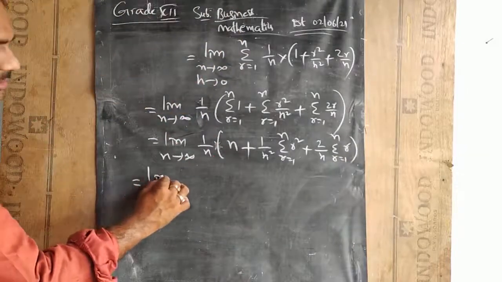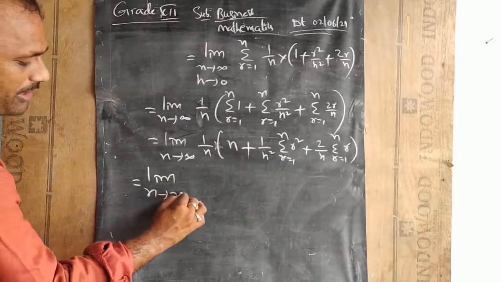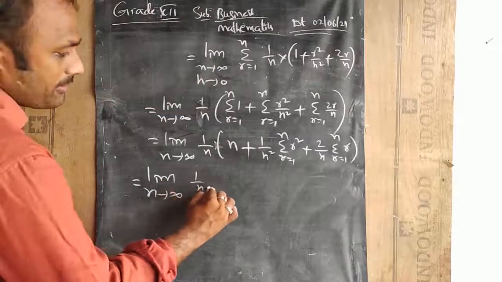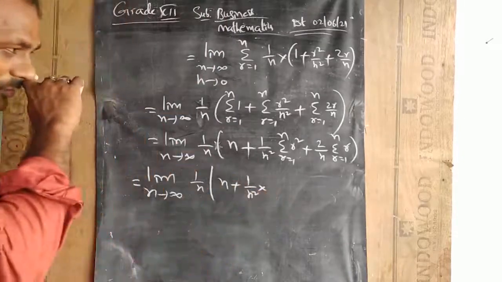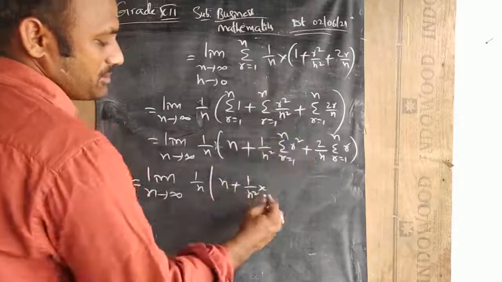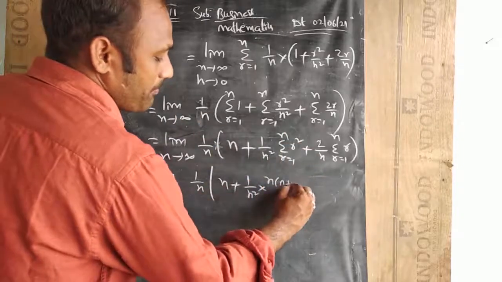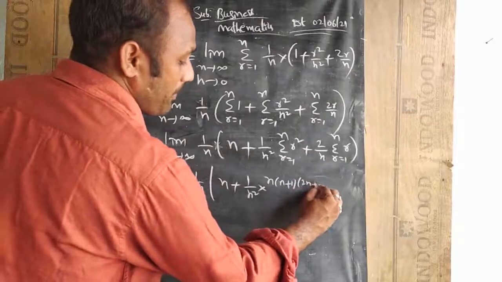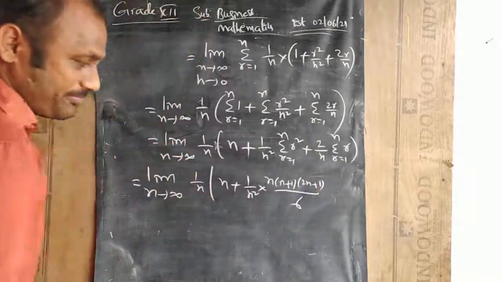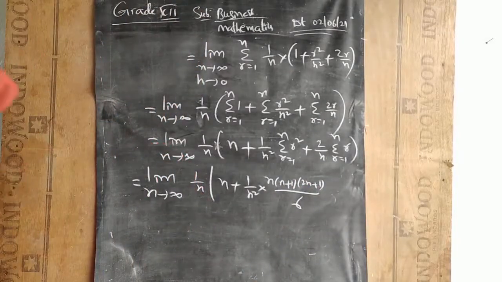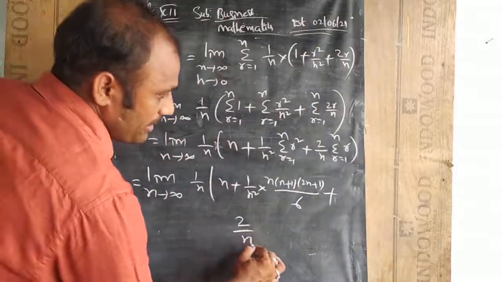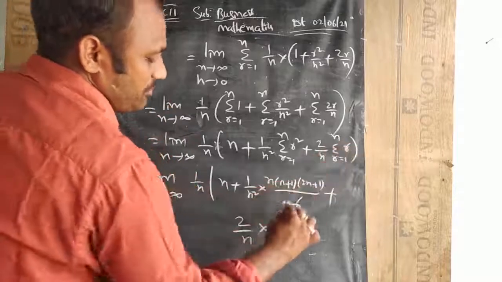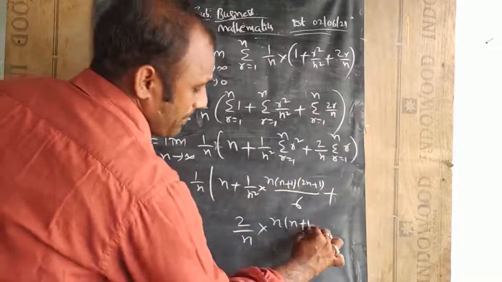So limit n tends to infinity, 1 by n, here n plus 1 by n square. The formula for this, we already know, is n into (n plus 1) into (2n plus 1) by 6, plus 2 by n into, this formula stands for n into (n plus 1) by 2.